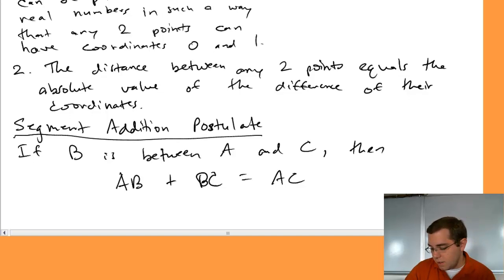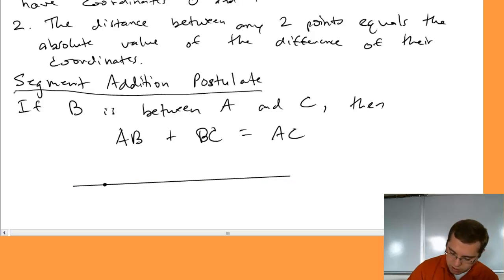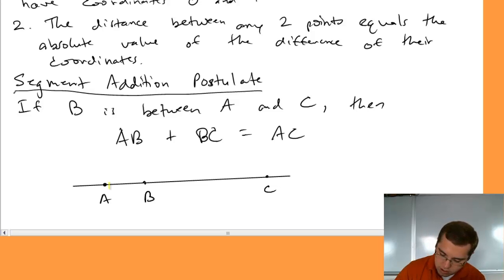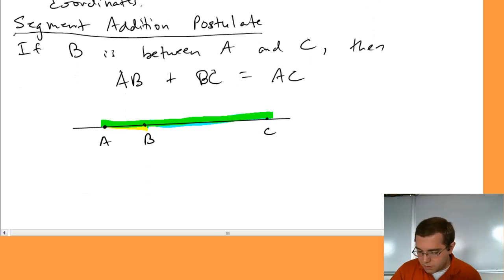The length of AB plus the length of BC equals the length of AC. Now if I have that segment, I have A, I have B, I have C, and my only condition is that B is between A and C. Then AB plus BC equals AC. Very logical, right? We understand that that's true. Nothing mysterious or magical about that.